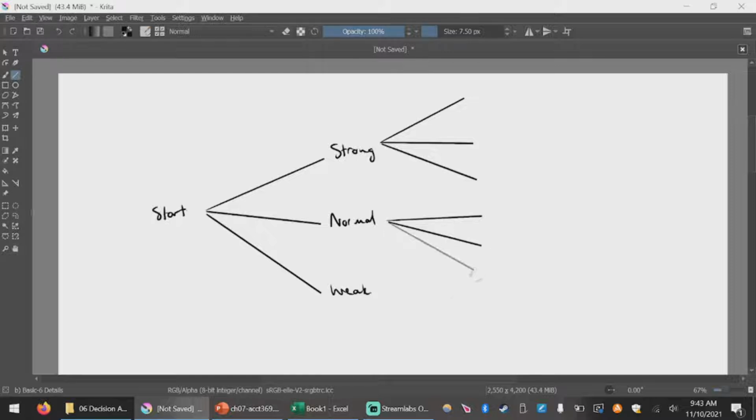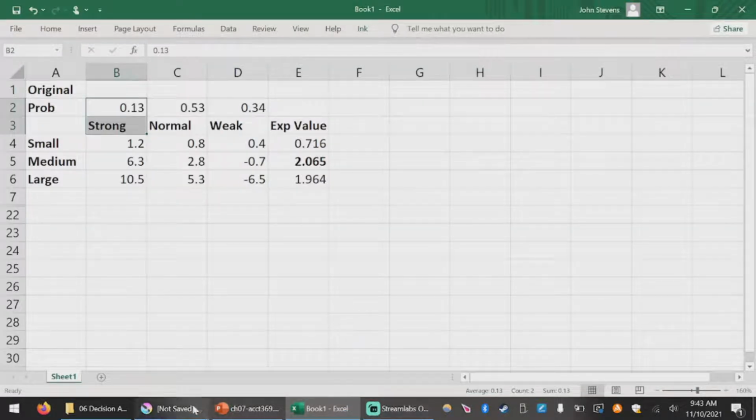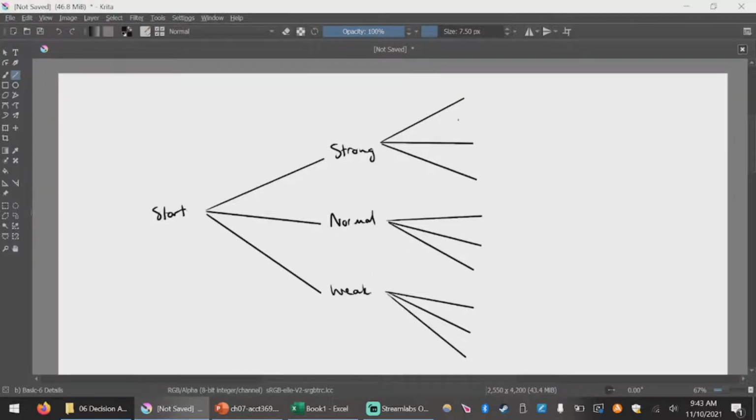So it feels strange to me, intuitively, to have this tree making it feel as if the market changes after, not necessarily after, but depends, the market condition depends on what she did. But let's continue this diagram. It's just options here, right? It'll eventually lead to the same thing.